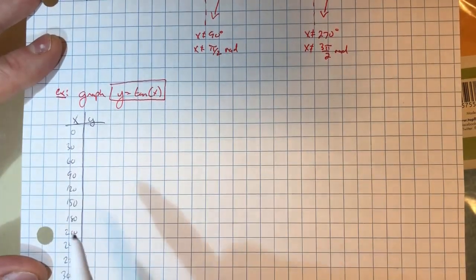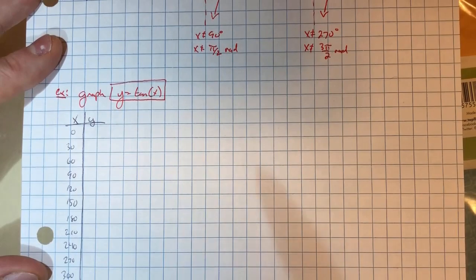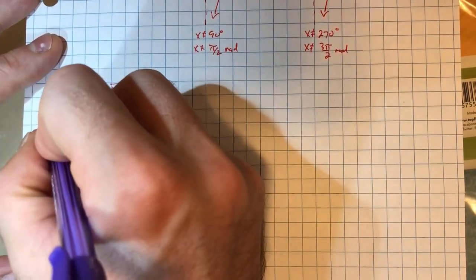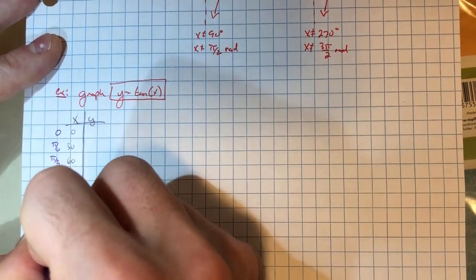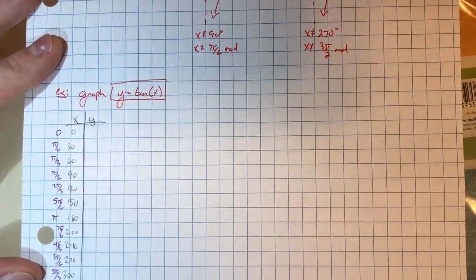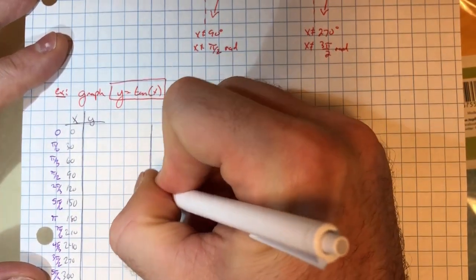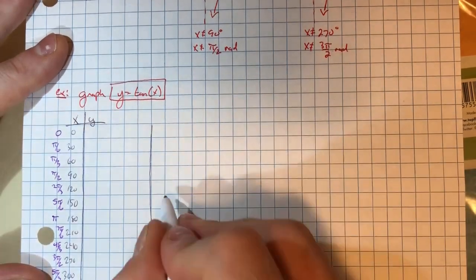Okay, all I could go down to was 300. But we know it's probably going to repeat itself just like it did up there. And if we wanted to, we could list this in radians. Okay, so we have it listed in degrees and in radians. And let's see what the graph looks like in this general direction.